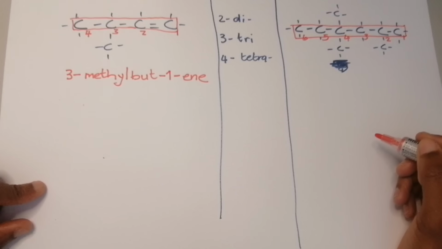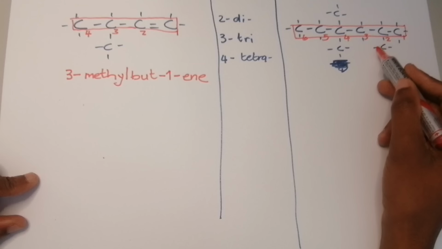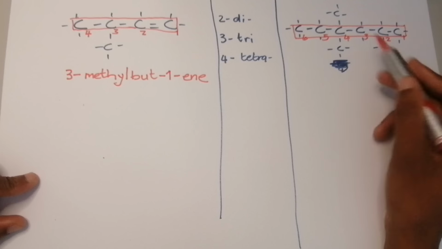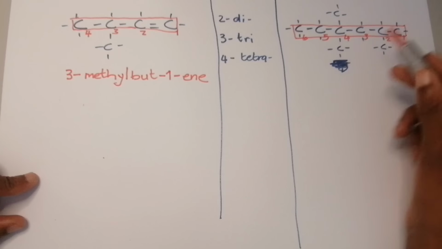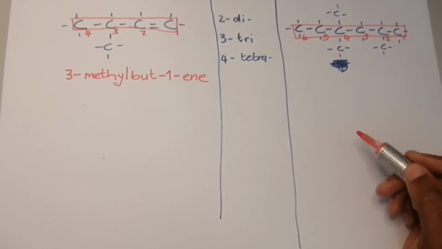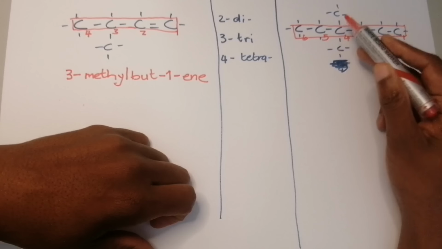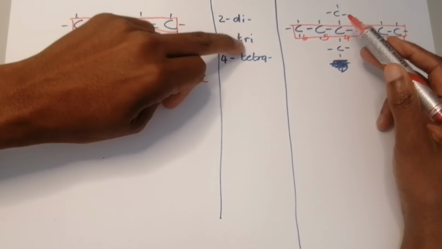So we know that we've got our side chains there. Can you see I've got a side chain which has 1 carbon, a side chain which has 1 carbon, a side chain which has 1 carbon? Now, I've got 3 side chains that are exactly the same. So which prefix? It's tri.